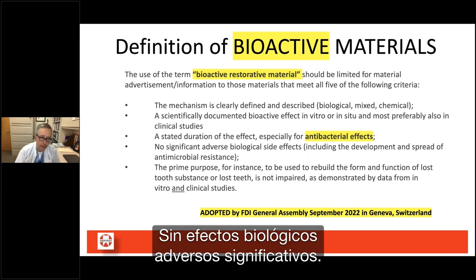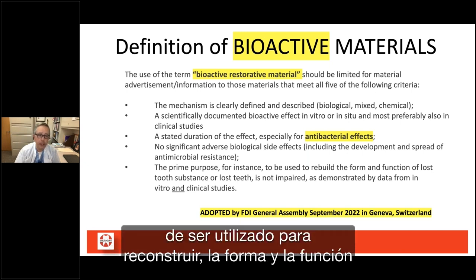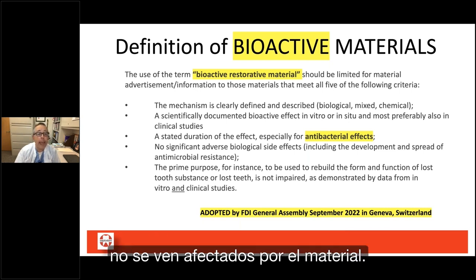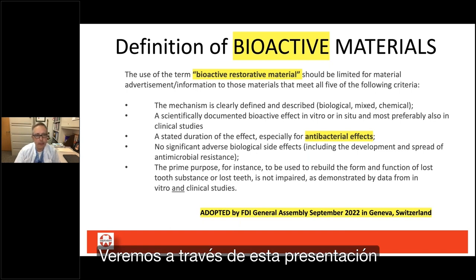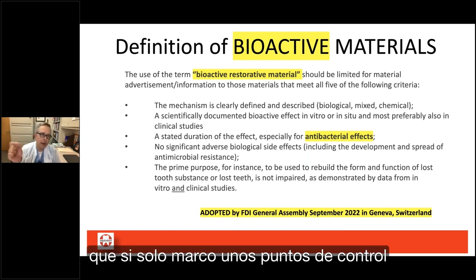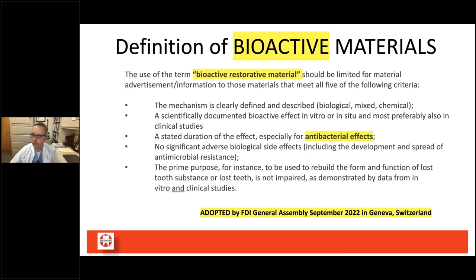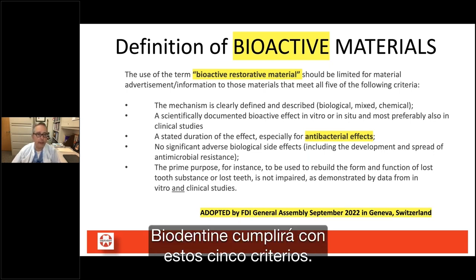No significant adverse biological effects. And the prime goal, for instance to rebuild the form and function of lost tooth substance or lost teeth, is not impaired by the material. We will see through this presentation that if I mark checkpoints going one by one, Biodentine will match all these 5 criteria.